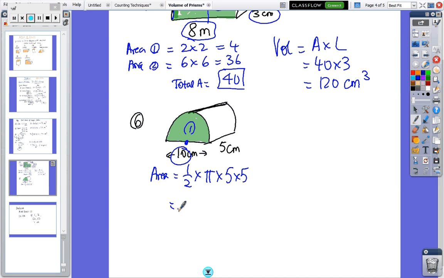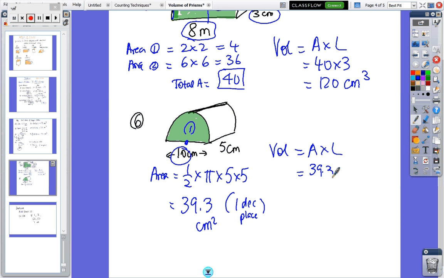So we've got 12.5 times pi, so it's 39.3 to 1 decimal place, centimetres squared, and then the volume is the area times the length, so it's 39.3, and the length is 5.